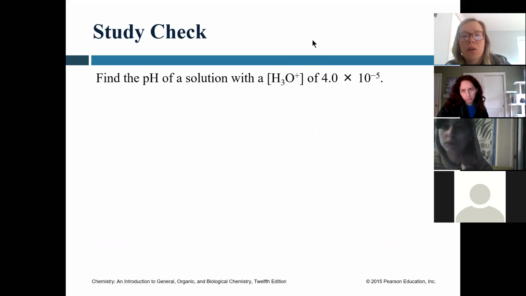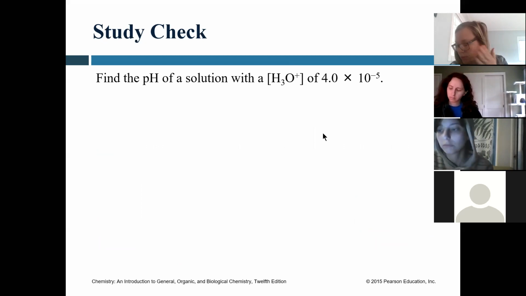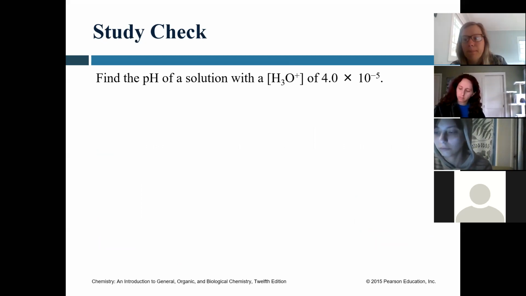Okay, real quick, calculate this one. The pH of a solution with H3O plus of 4.0 times 10 to the negative 5. I'll give you just 40 seconds.